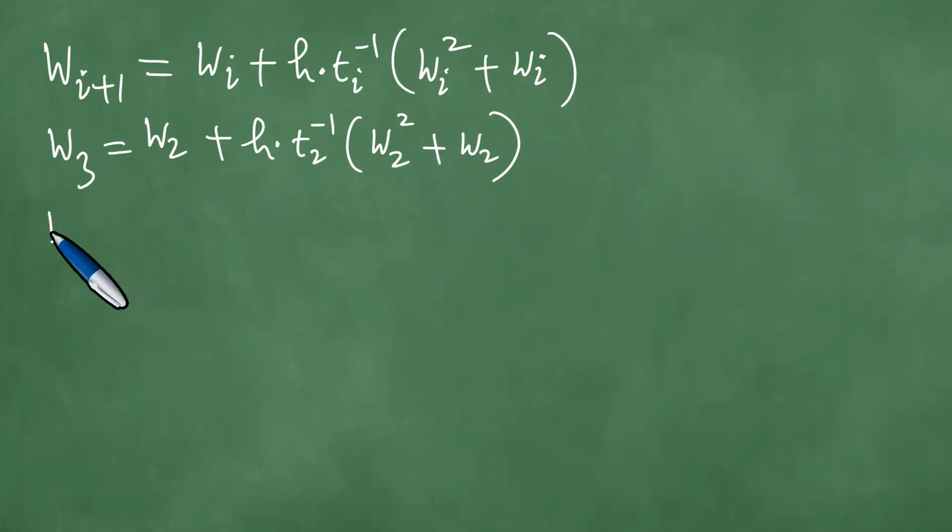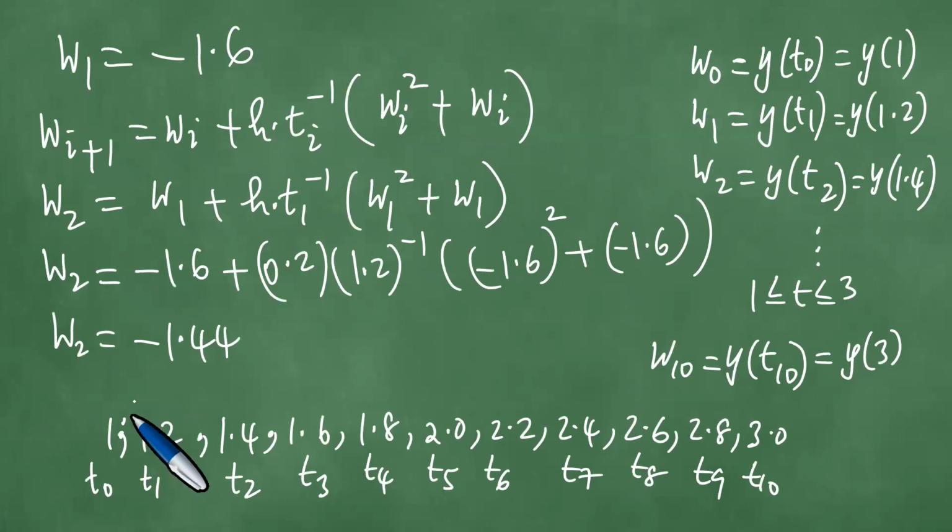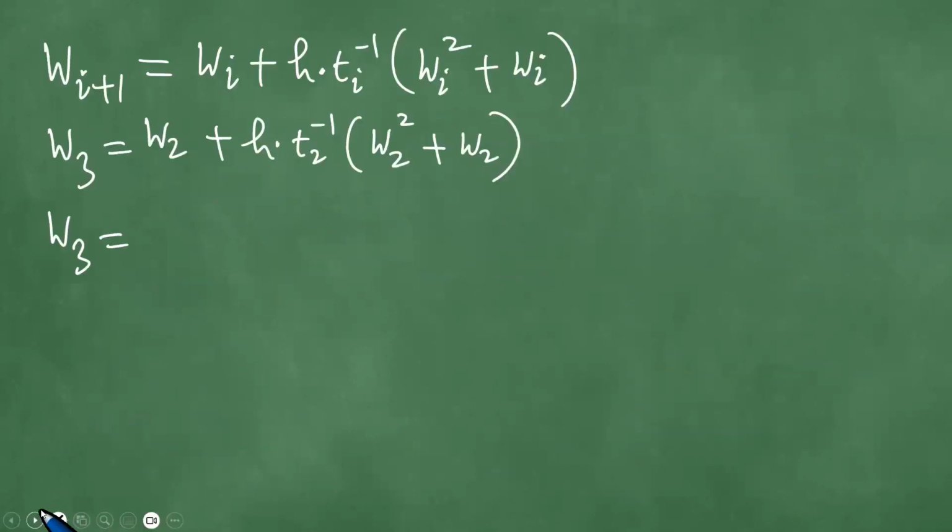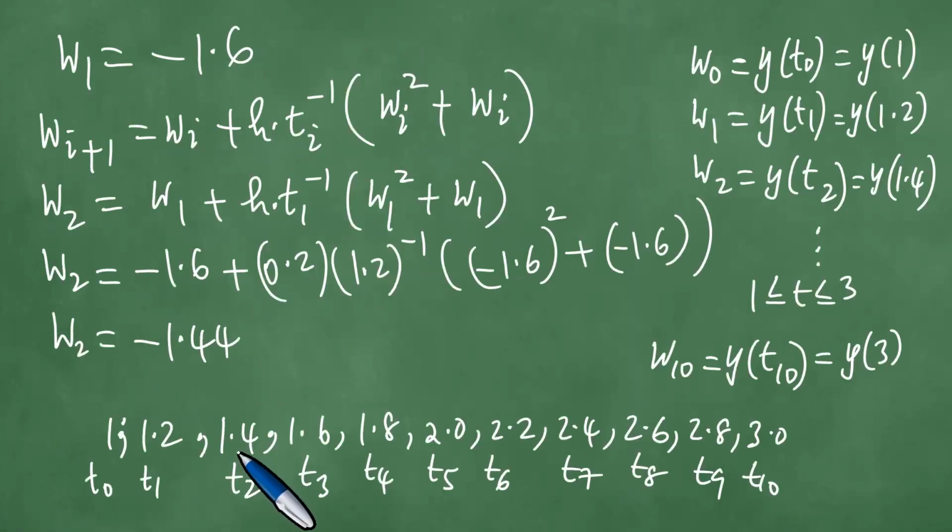Okay, now let's continue. W3 is W2. We got it to be minus 1.44. Minus 1.44 plus H, 0.2 in this question. Then T2 is 1.4, from here.